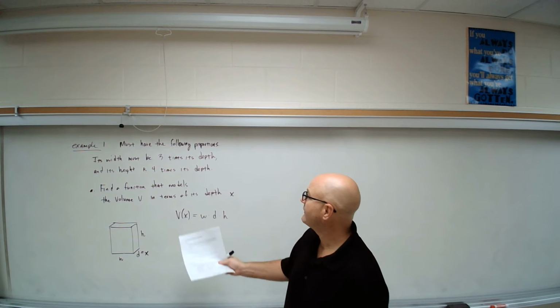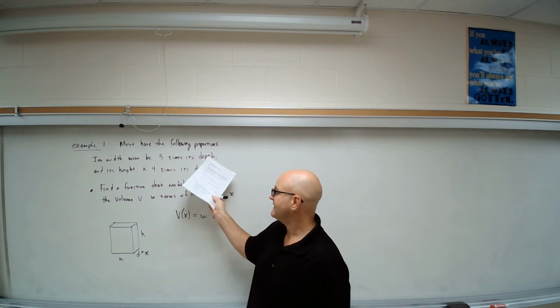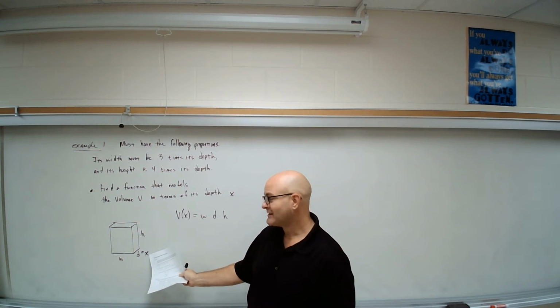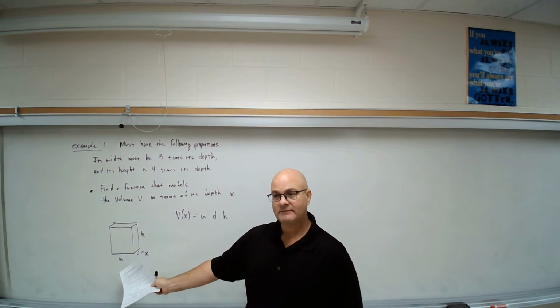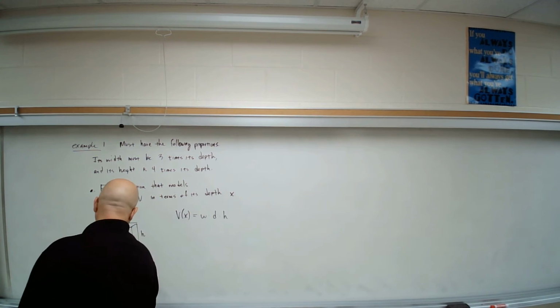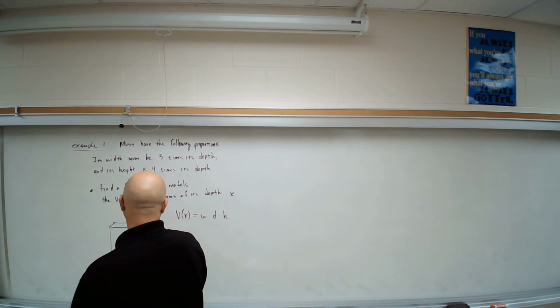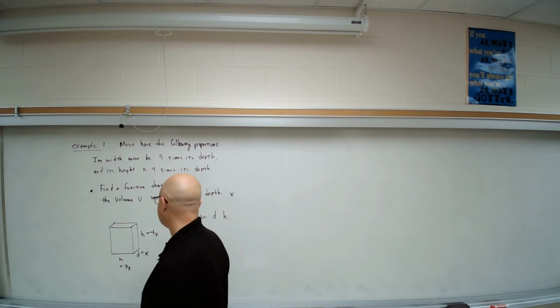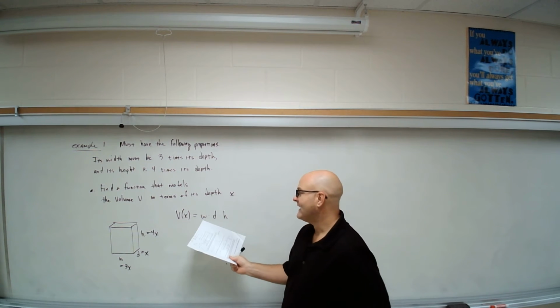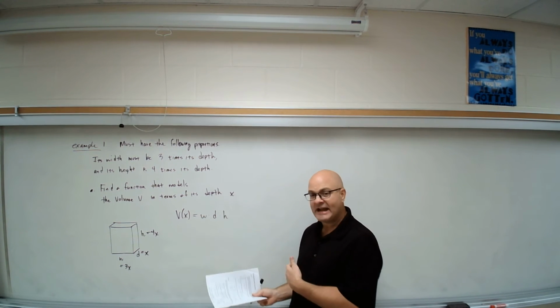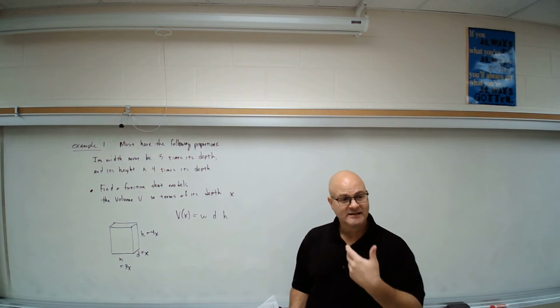And then it tells us the width is 3 times the depth. Well, if the depth is x, what would the width have to be then? 3x. And then the height is 4 times the depth, so that would be 4x. So what we could do here is take each of these unknowns, w, d, and h, and replace them in terms of x.